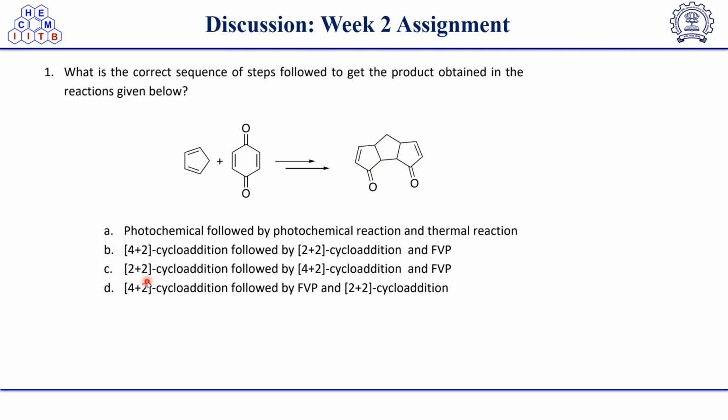Option A is photochemical followed by a photochemical reaction and thermal reaction. Option B is 4+2 cycloaddition followed by 2+2 cycloaddition and FVP. Then 2+2 cycloaddition followed by 4+2 cycloaddition and FVP. Then 4+2 cycloaddition followed by FVP and 2+2 cycloaddition. So which will be the correct sequence to get this compound from cyclopentadiene and benzoquinone?